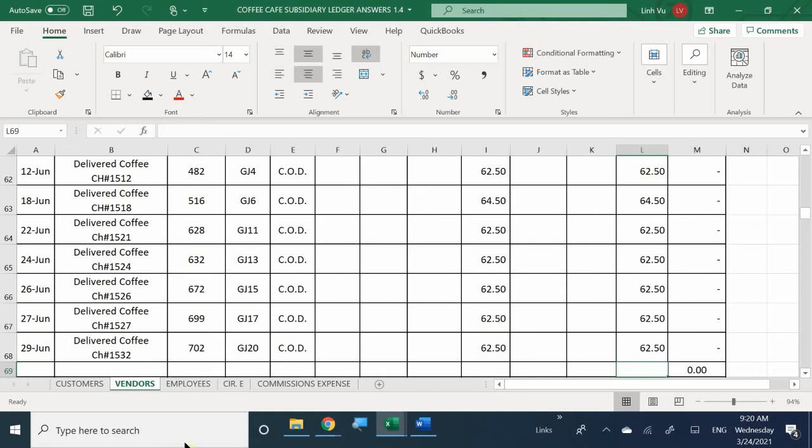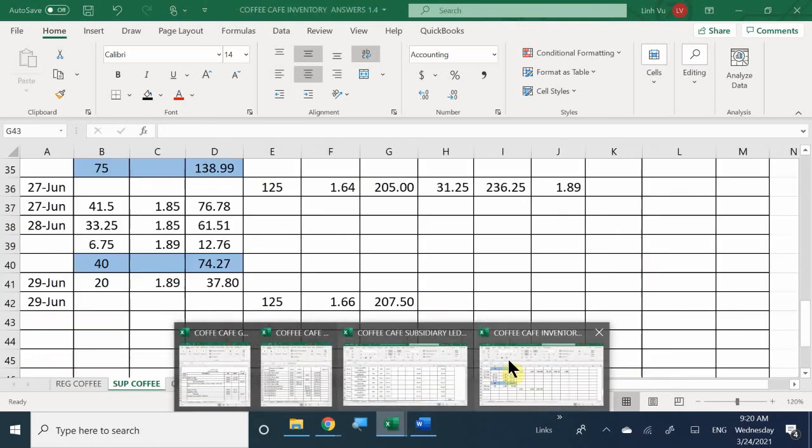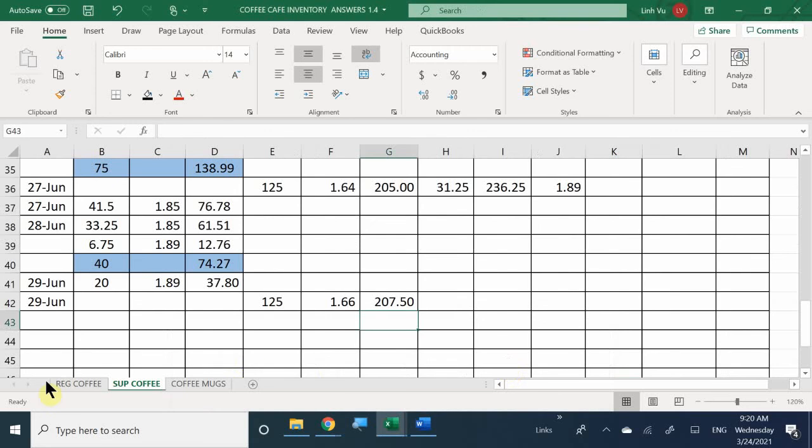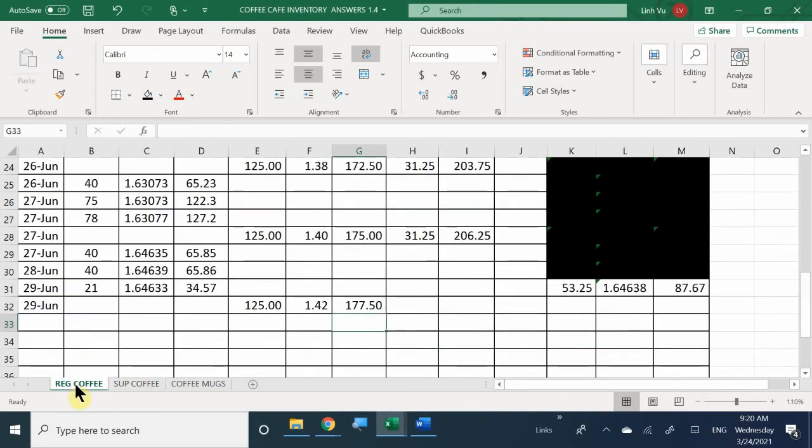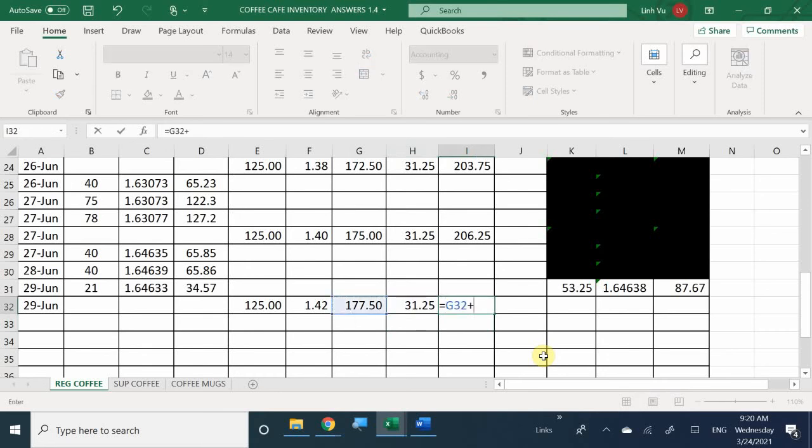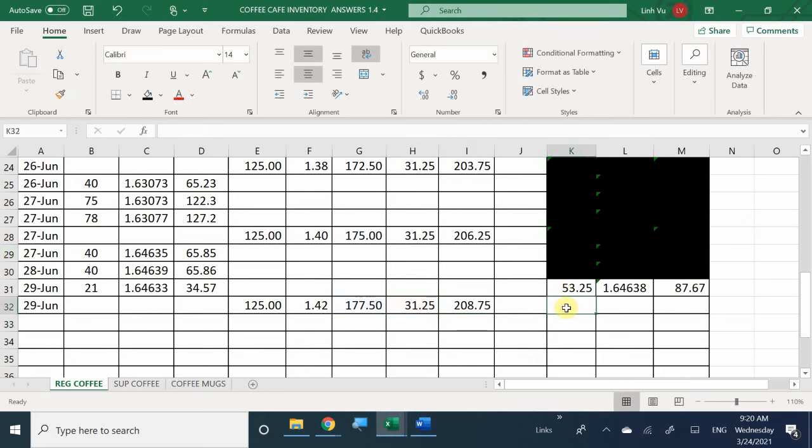Update the inventory. So I'm going to start off with regular coffee. We're going to add the $31.25. So what grand total do I have for my total cost? 208.75. Okay, so let's go ahead and update our inventory.